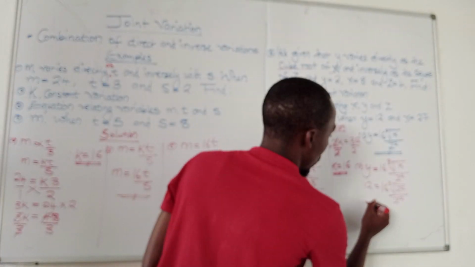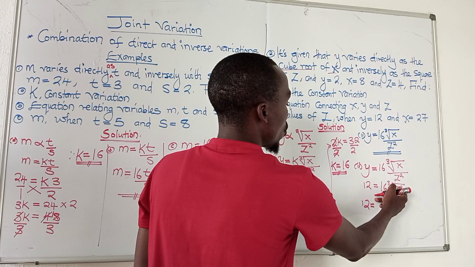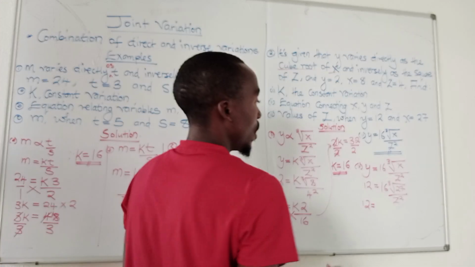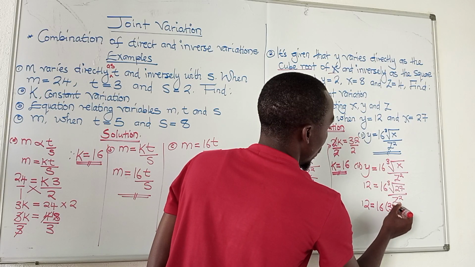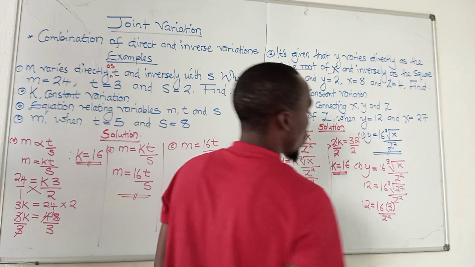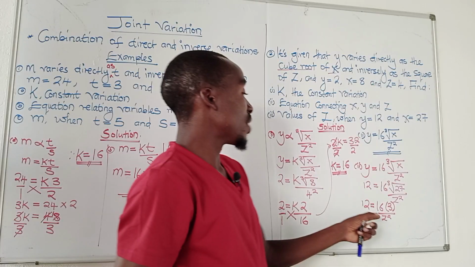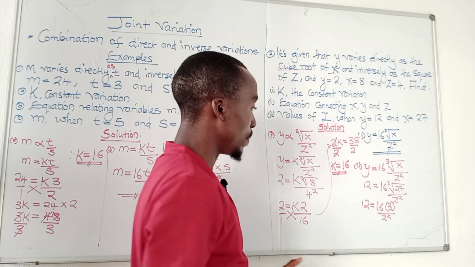Now, when we work out this, it will be 12 equals to, what is the cube root of 27? The cube root of 27 is what? Is 3. So there you have 3, so over z squared. Okay? A number that you multiply by itself 3 times to give you 27 is 3.